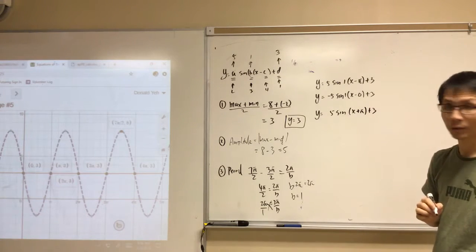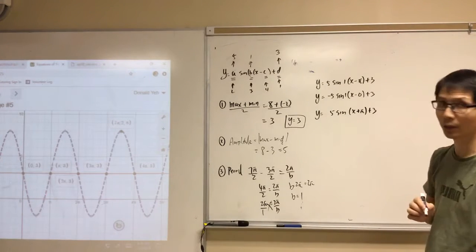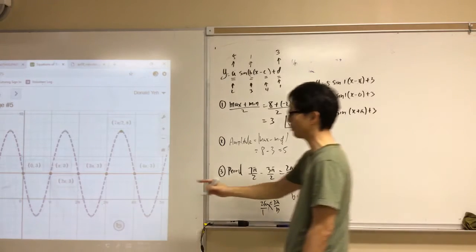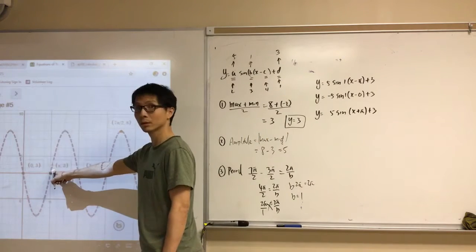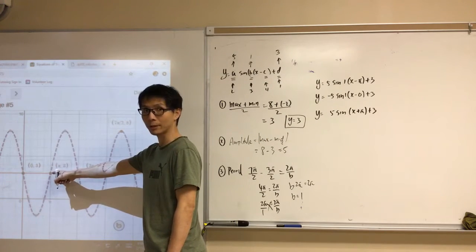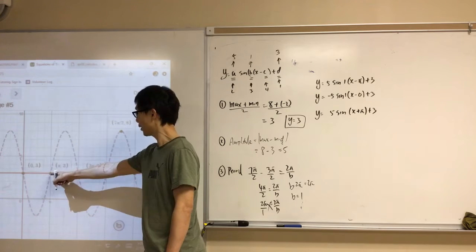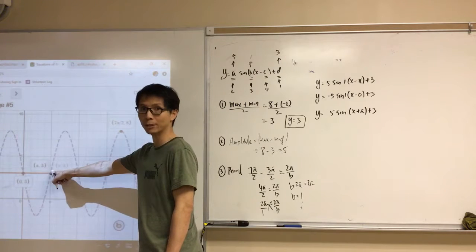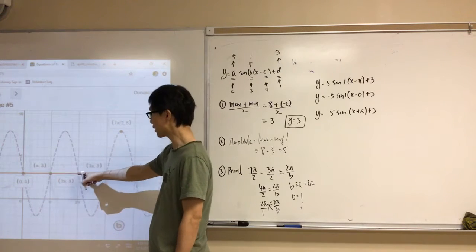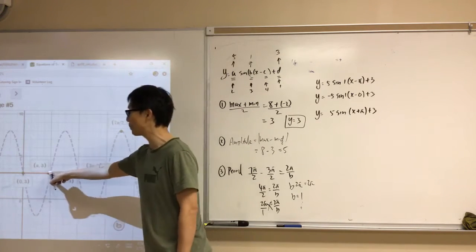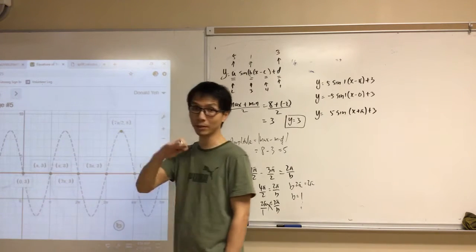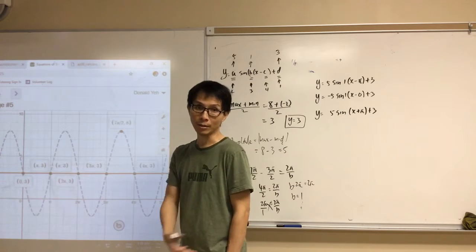How do I get C? I just plug in one of the points. I picked one of the points here. Look, pay attention. There are a lot of choices here, but there's only one better choice, because this is a positive sine, this is going to be negative sine, this is positive sine. So I can pick this one or that one, it doesn't matter, so long as I pick a midline one, because we're talking about sine.